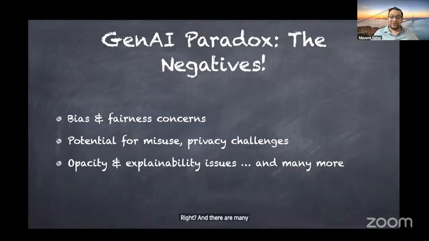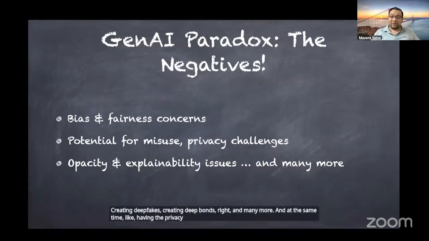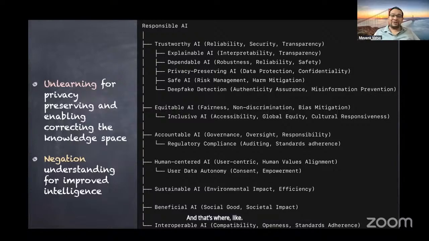And there are many potential misuses of generative AI, creating deepfakes, right? And many more. And at the same time, there are privacy concerns with respect to how the data is being scraped and used. And that's where researchers started talking about responsible AI.